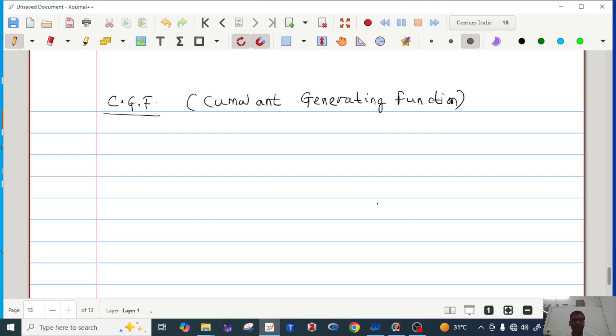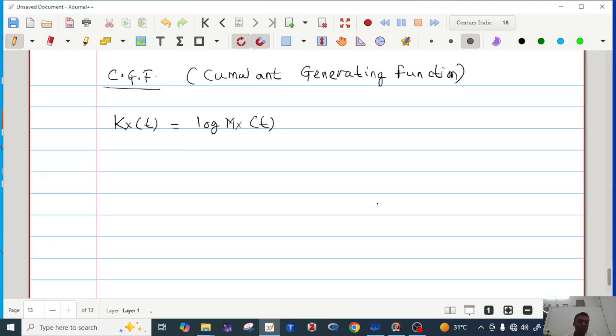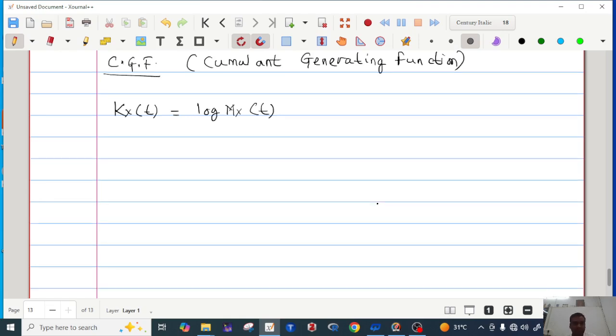So let's see the definition. CGF is denoted by KX of t. Suppose X is any continuous random variable with PDF fx, KX of t is obtained as log of MX of t. Once you obtain the CGF, with this cumulant generating function you can obtain the cumulants. How? Suppose you get the KX of t.